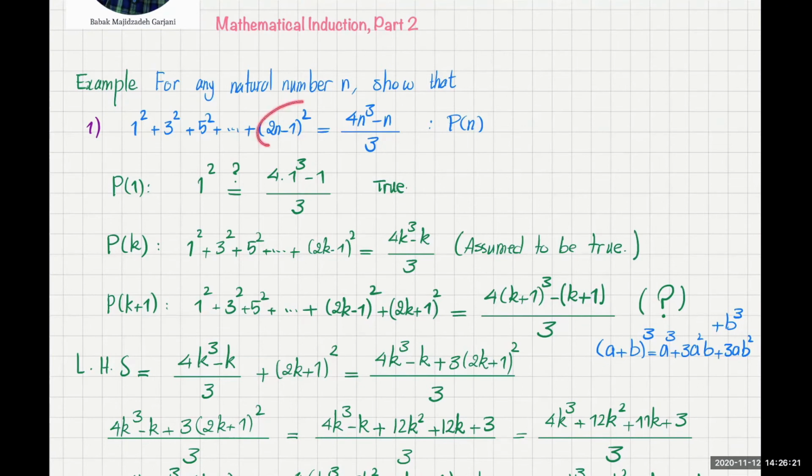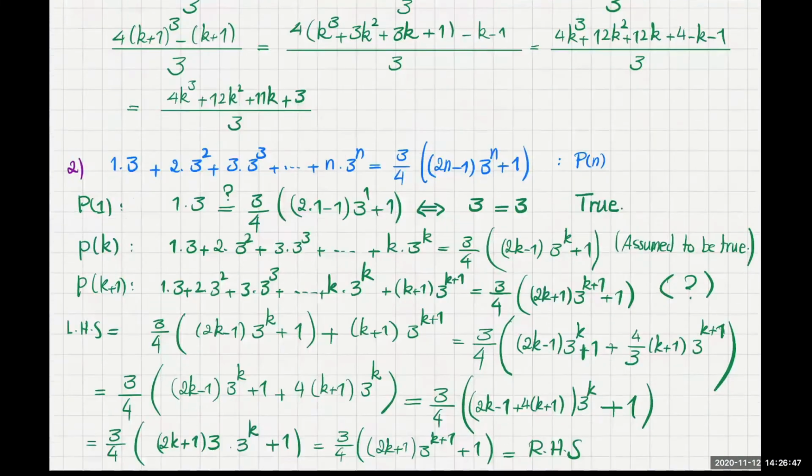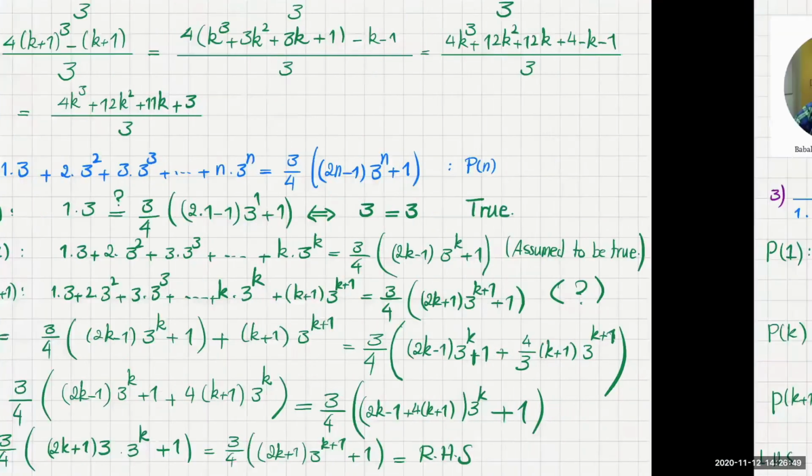You put n equal to 1 in the last term. If it is the first one, you just keep the first one. If it turns out to be the second one, you need to write from the first one to the second one. If it turns out to be the third one, you need to write the first, second, and third one. So this is a rule of thumb. I don't want you to memorize it because this is not mathematics, but at the end of the day, this trick that I am teaching you works for all of them.